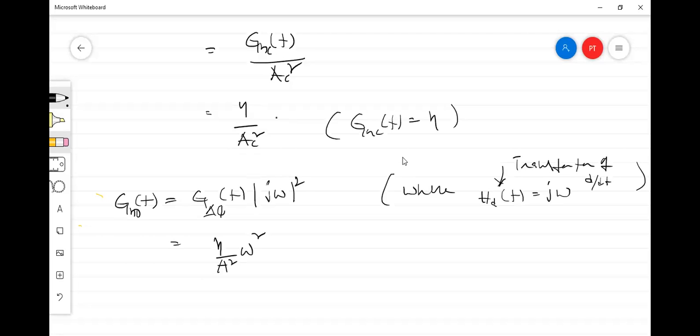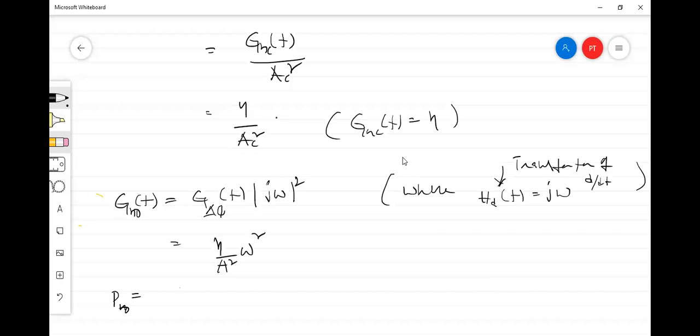Now what you need to find is the output noise power Pn naught, simply obtained by integration.